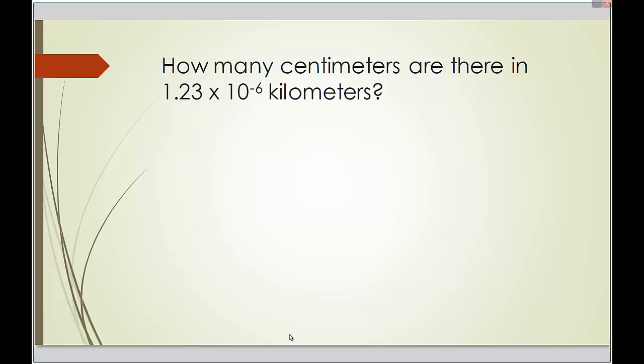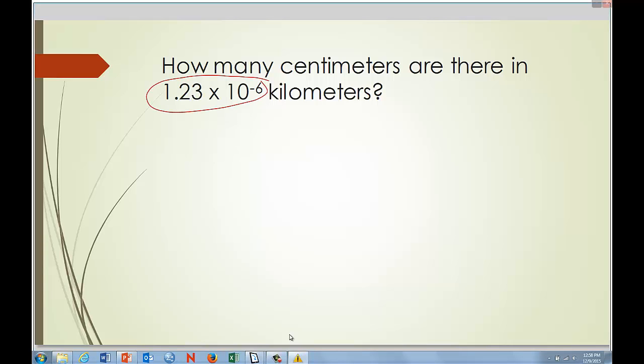How many centimeters are there in 1.23 times 10 to the negative 6 kilometers? So 1.23 times 10 to the negative 6 is going to be our starting point in kilometers. We're going to centimeters. Notice we're going from one prefix to another prefix, which means we're going to go through the base unit in this process.